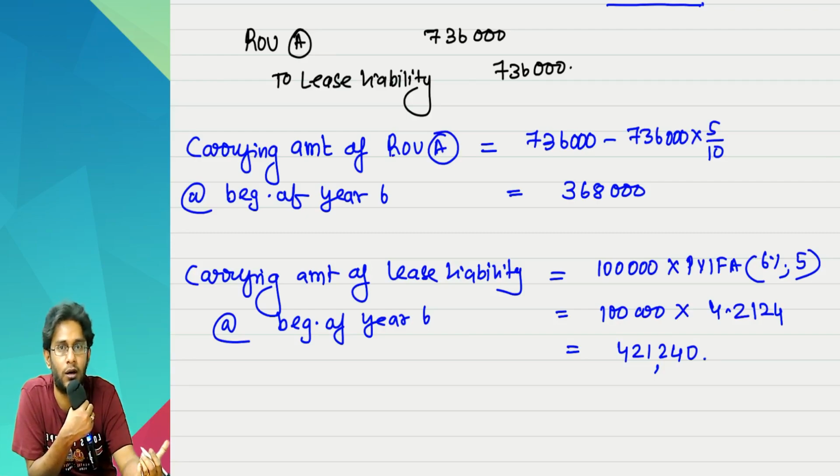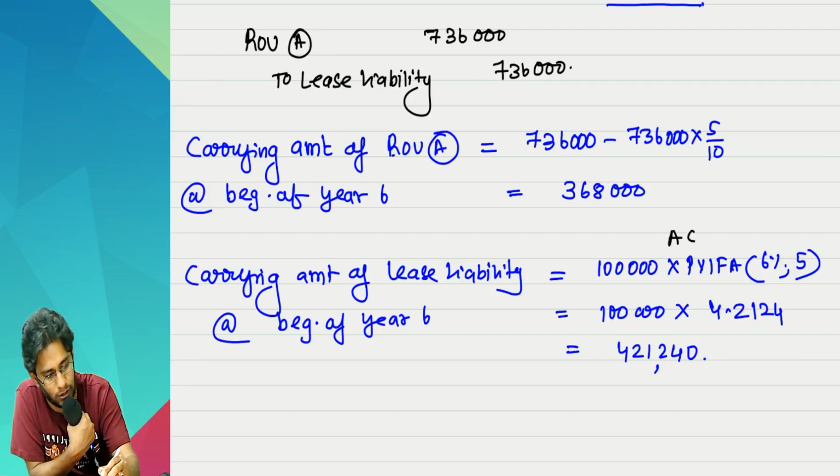Sir, I hope you are able to understand this technique. If you remember 109, you will remember this. If you do not like this, you want to do the lengthy way, do the ACM table. That is also there.